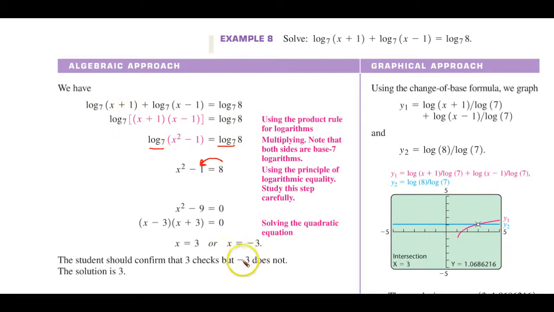So the -3 does not check. That's why you have to be careful. So the only solution is a 3. Now you've done a lot of work. Be sure you don't mess up on your answer by not checking or keeping in mind this statement right here. Okay, let's go on.